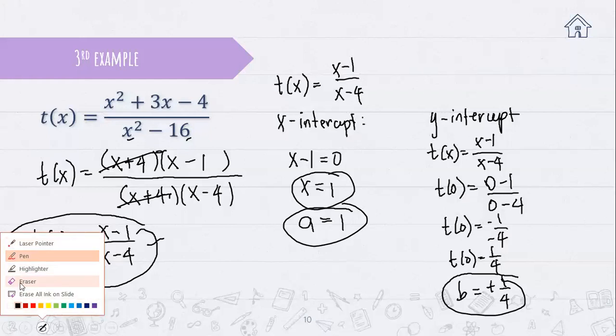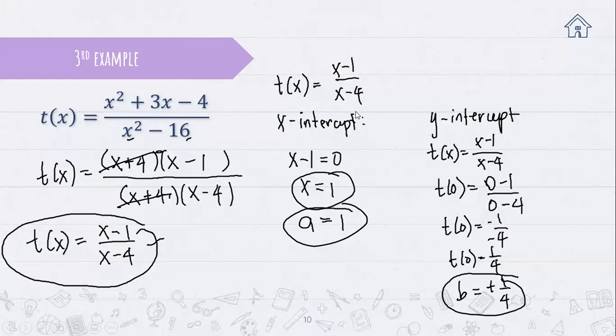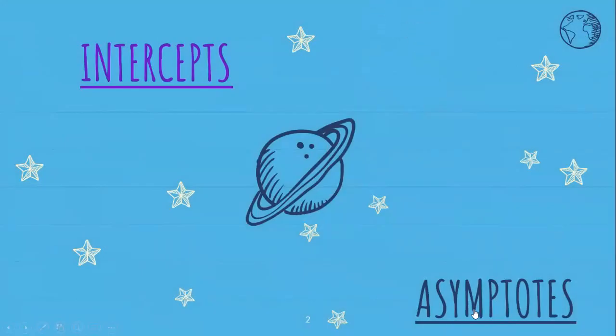How about if it's asymptote? Ano yung asymptote, class? Sige nga, may idea kayo about asymptote? Imaginary line po. Okay. It is actually an imaginary line wherein, ano yung meron sa imaginary line na yun? Hindi siya nagpa-pass through.